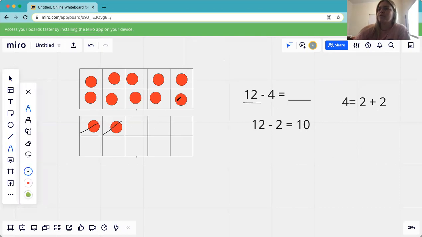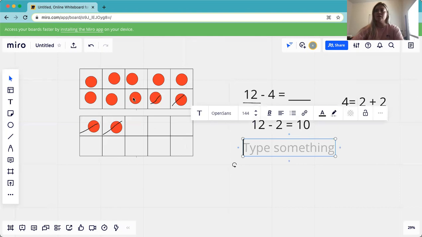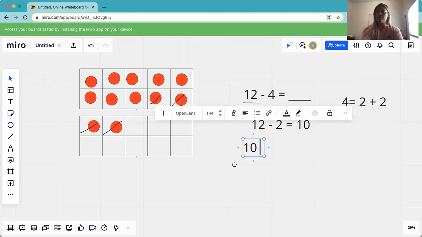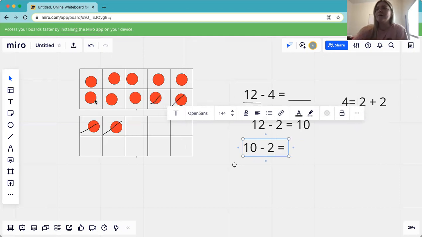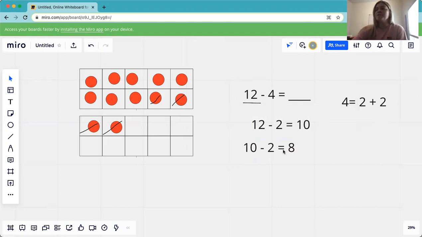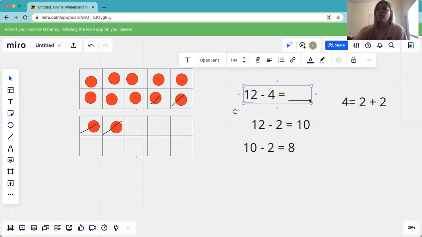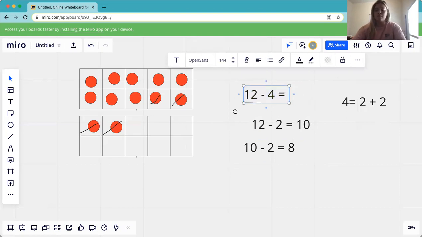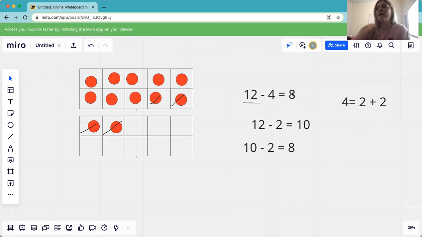So I'm going to cross out 2 more. 1, 2. So I took my 10 that I had because I'm working on my upper tens frame. So I only have 10 there. And I got rid of 2 from there. And I got, let's see, 5, 6, 7, 8. 10 minus 2 equals 8 is the same as 12 minus 4 equals 8. So my answer is 8.